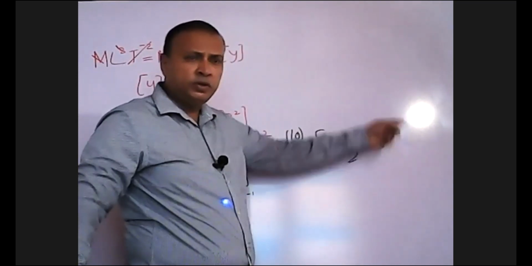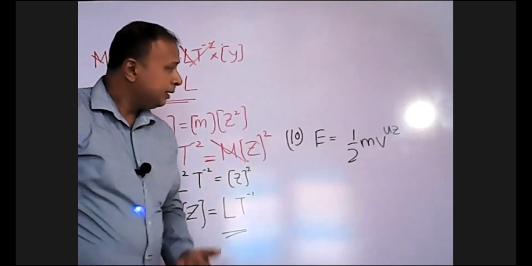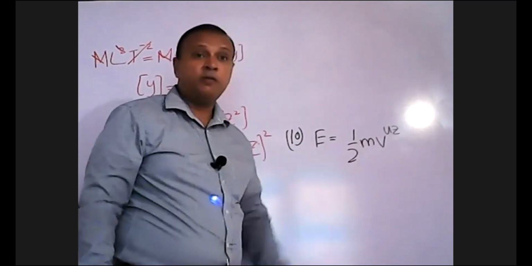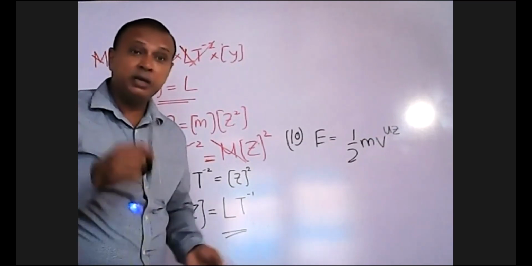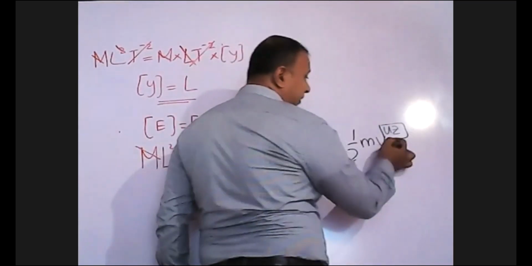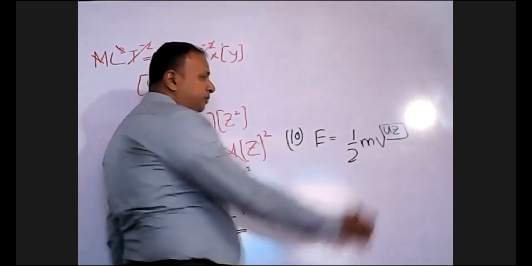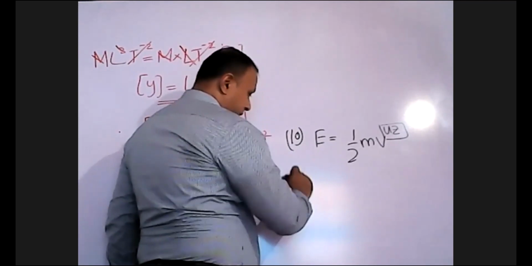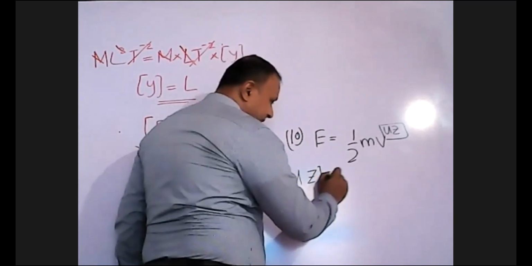My argument should be, if there is a power, then the dimension of the power should not have a dimension. That means the dimension of the power should be equal to 1. So this part is a number. The u z is a power, so it should be a number because it is a power.